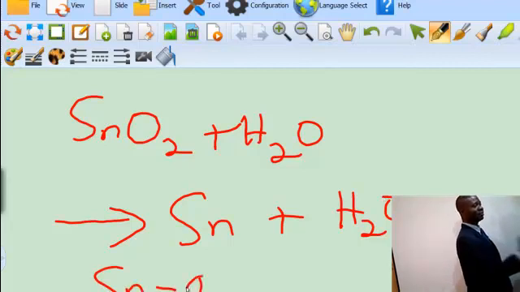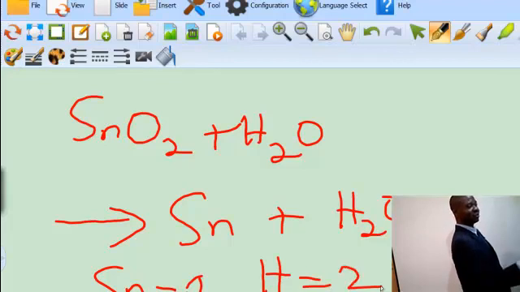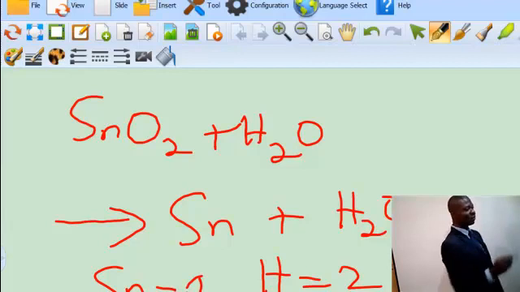Tin is equal to 1, oxygen is equal to 2, hydrogen is equal to 2, oxygen is equal to 2. This is the left-hand side, which is the reactants. But at the product side, tin is equal to 1, hydrogen is equal to 2, oxygen is equal to 1. How do we balance it?